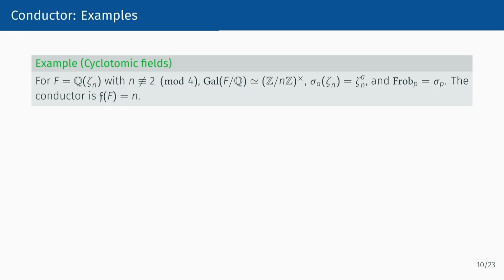Of course, one should be a little careful here because, for example, Q(zeta_3) and Q(zeta_6) are the same field, right? Or like, what is Q(zeta_2)? So that's why we have here n is not congruent to 2 mod 4.